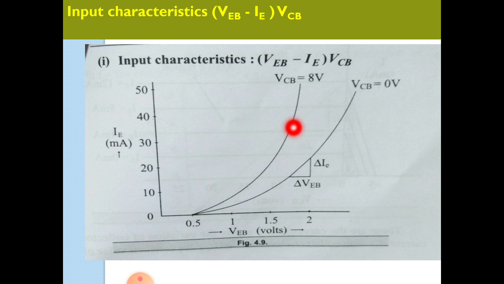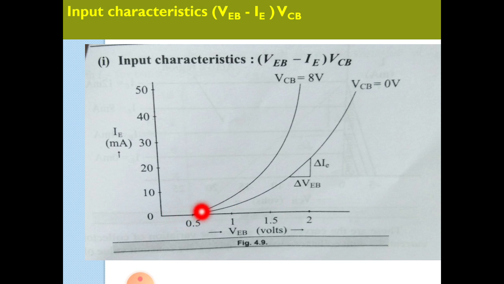During this we kept the output voltage constant. Okay, for this characteristics curve we take the output voltage constant.